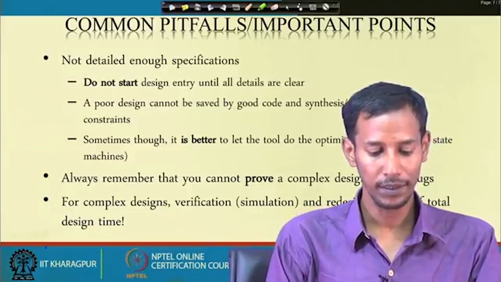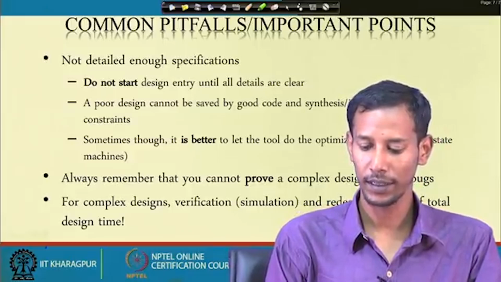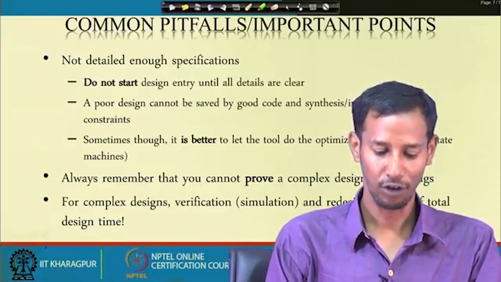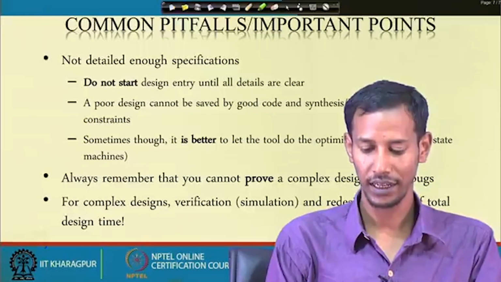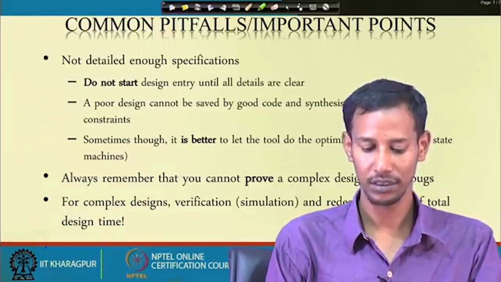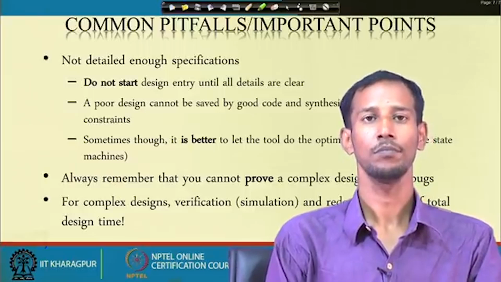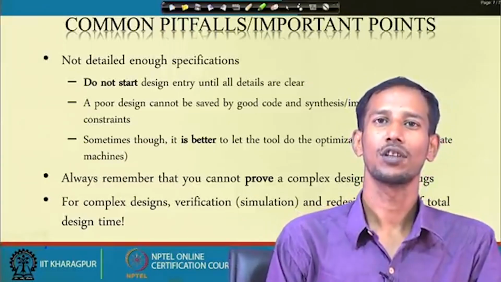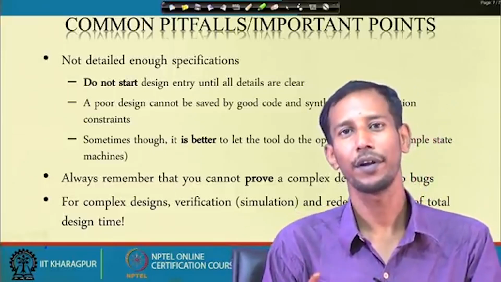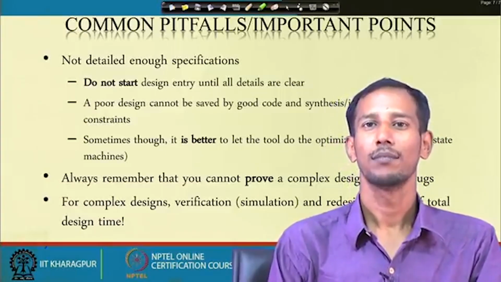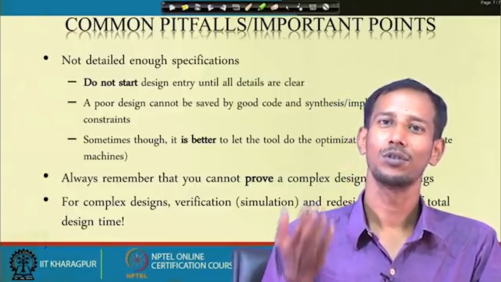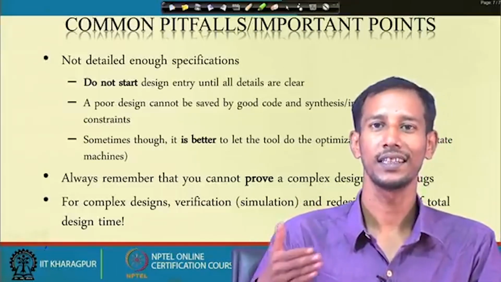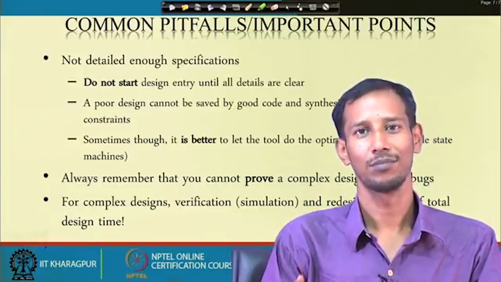And always remember that you cannot prove a complex design has no bugs. For a complex design, verification and redesign is 80% of total design time. These are the important points to remember every time you follow each phase in your system design.